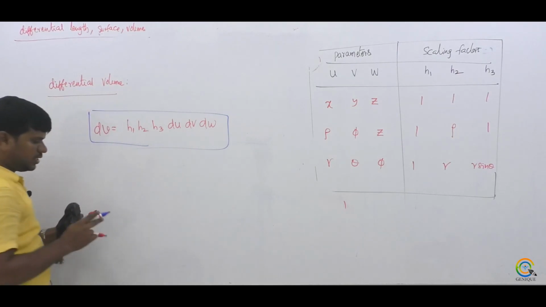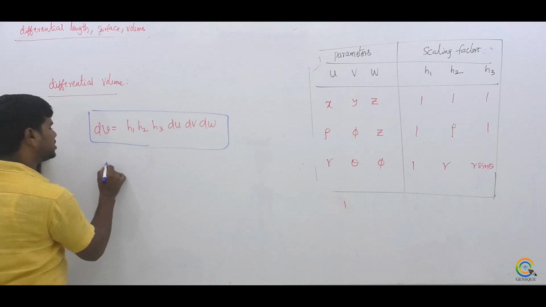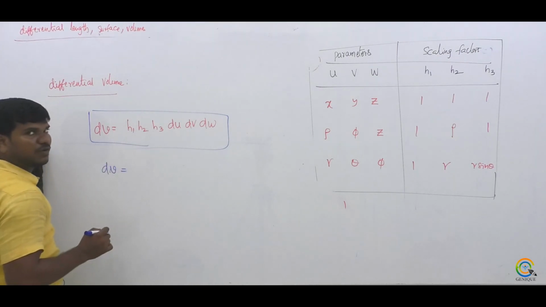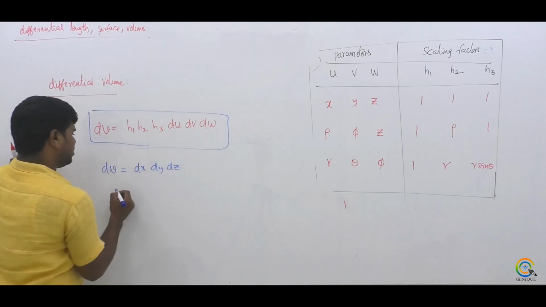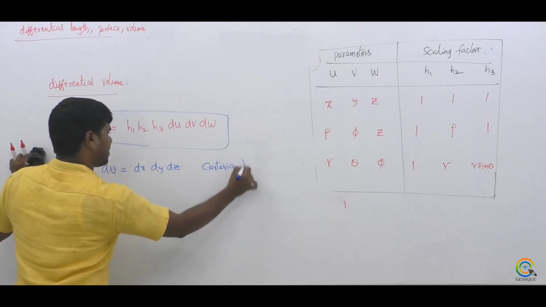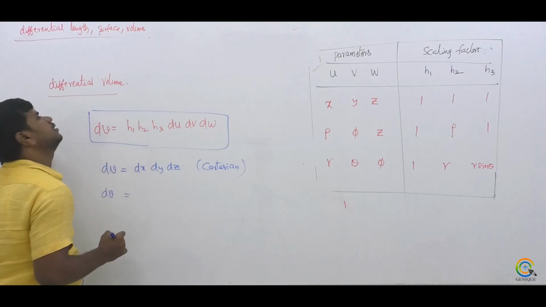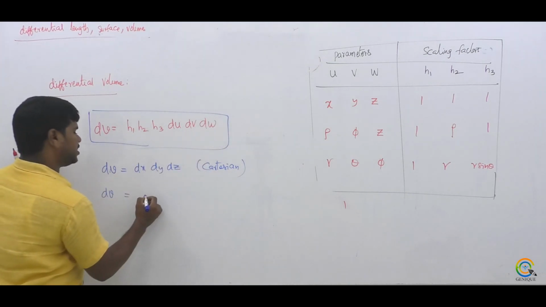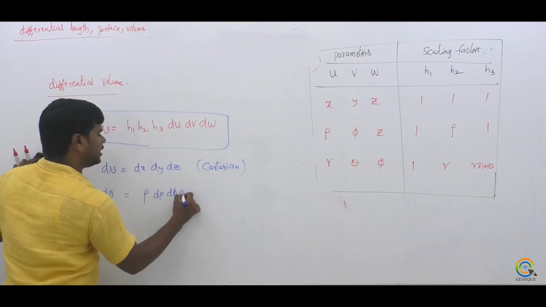Okay, so this is the generalized formula. Suppose I want to write the differential volume in the Cartesian coordinate system: dV is equal to h1 h2 h3, which is 1 into dx dy dz. Okay, this is for the Cartesian. What about cylindrical? h1 h2 h3 is rho into 1 into 1, d rho d phi dz.